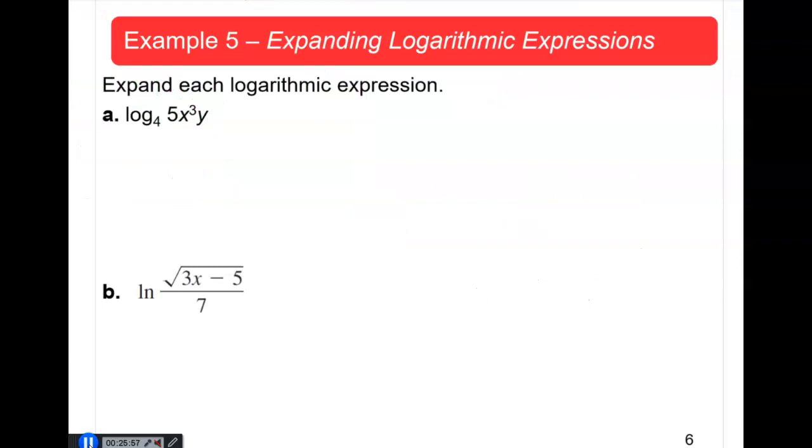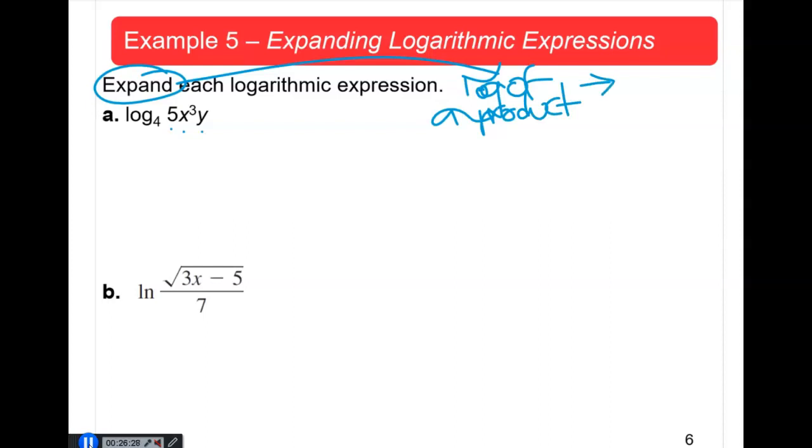So for example 5, we are going to expand each logarithmic expression. So that's when you go from something small to something bigger. You can see here how the 5, the x cubed, and the y, they are the log of a product. And we're going to turn it into the sum of logs.